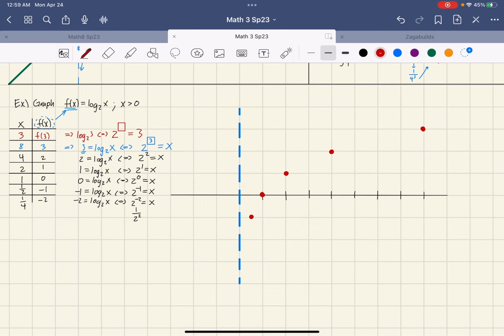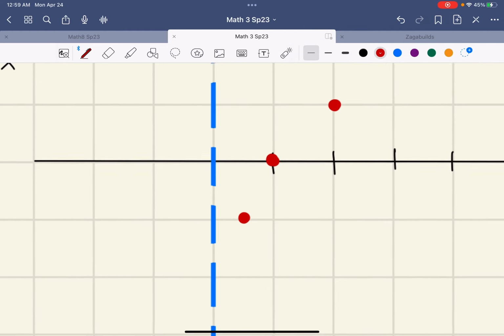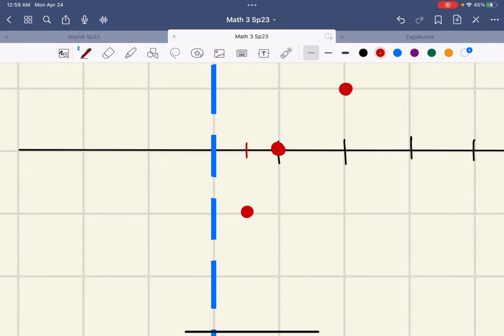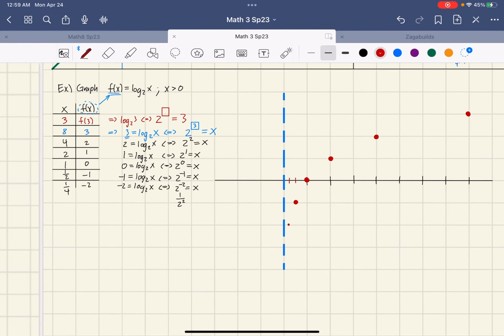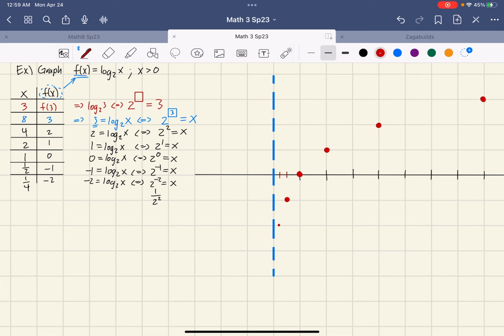And then 1/4, right? Because 1/2 is about here. 1/4 is half of that, which is at -2. And if this keeps going, right? If I choose -3, -4, -5, the logarithm is going to just continue getting closer and closer to the vertical asymptote.